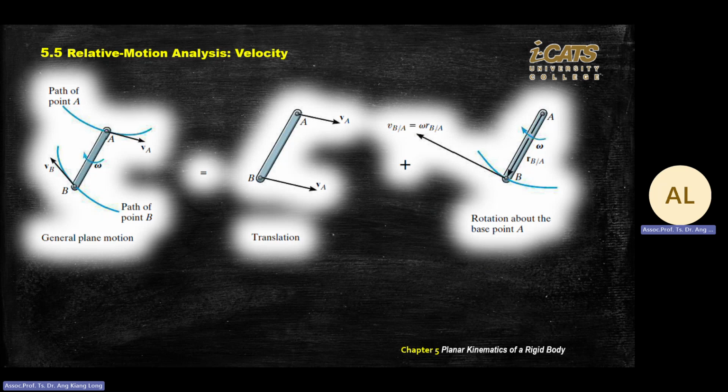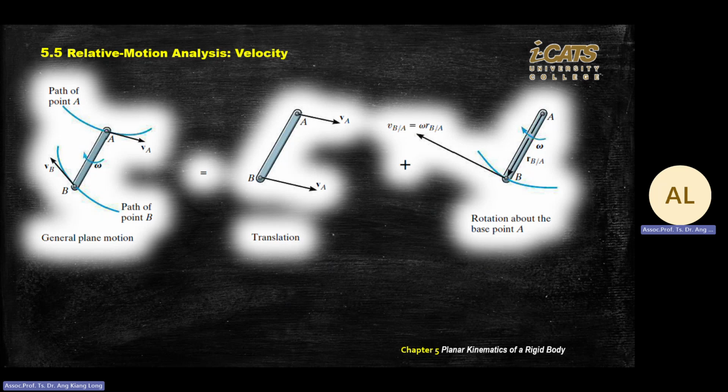So here, if you have a general plane of motion, moving somewhere else, you have a combination of translation plus rotation. Okay, so we have two vectors. One is VA. VA will be the same as VB in translation because both move in a parallel, straight line.